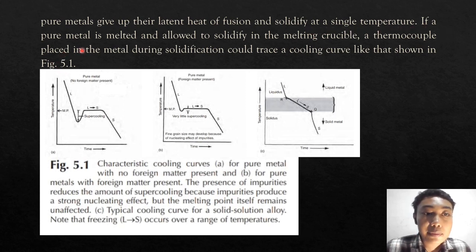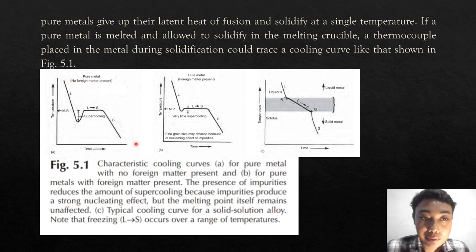If a pure metal or an alloy solidifies in a melting crucible, a thermocouple placed in the metal during solidification can trace a cooling curve like that shown in Figure 5.1.